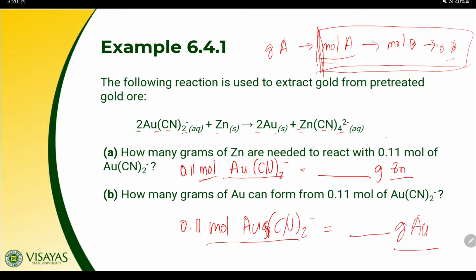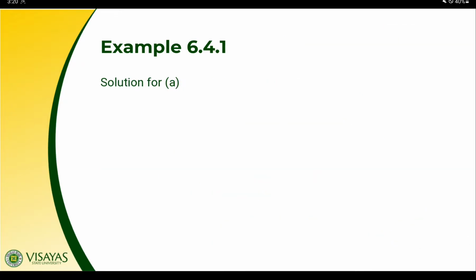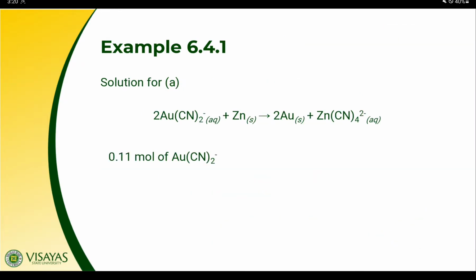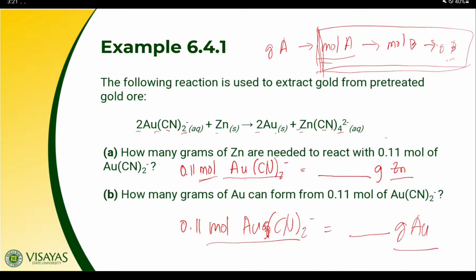Now let's solve first letter A. So we start with 0.11 mole of gold cyanide. Then to convert, as defined in the equation, we have to convert this first to mole zinc. So what do we do? We use the mole ratio of zinc and gold cyanide in the equation.